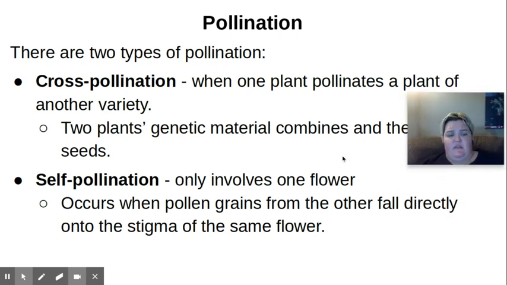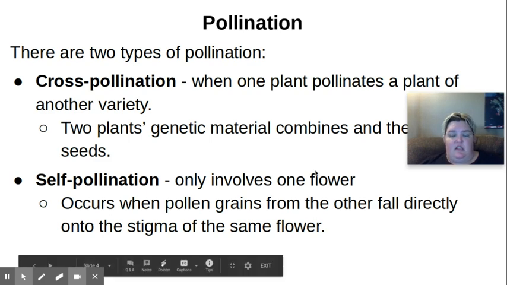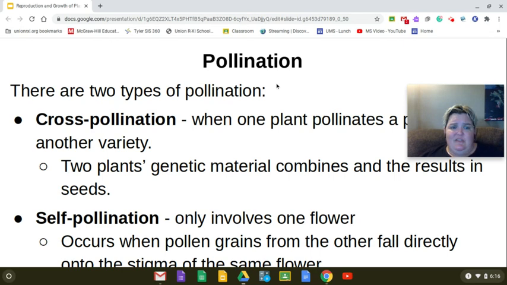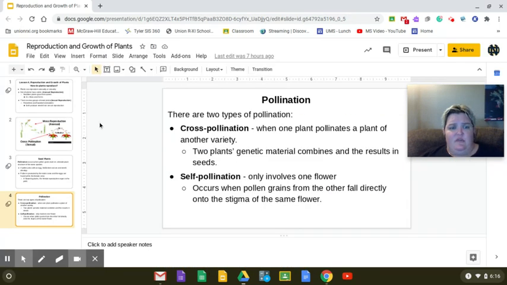That involves only one flower, and it occurs when pollen grains from that flower fall directly onto the stigma. So basically, the grains from the pistil would fall directly onto the stigma, and you would then have pollination occur, creating the seeds and the offspring from those. Okay, so pretty down to it with those.